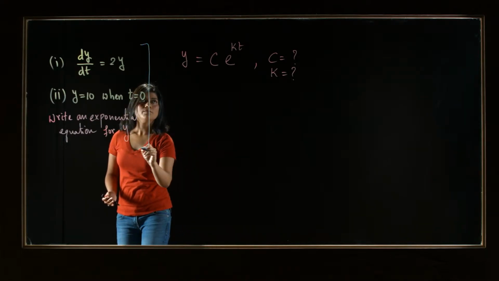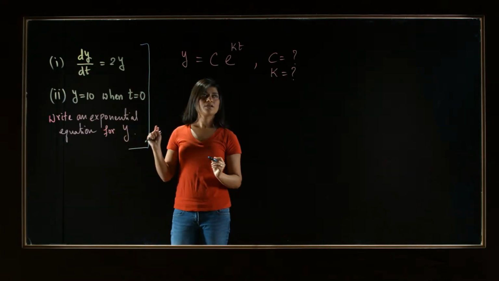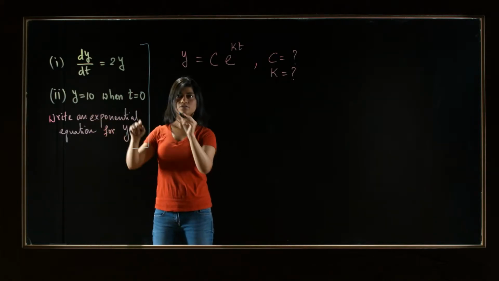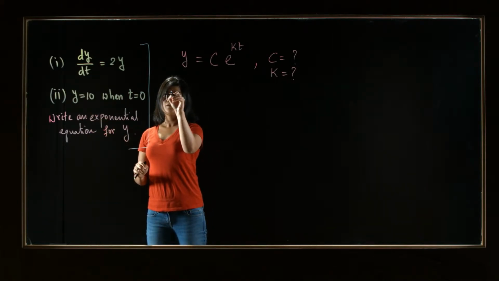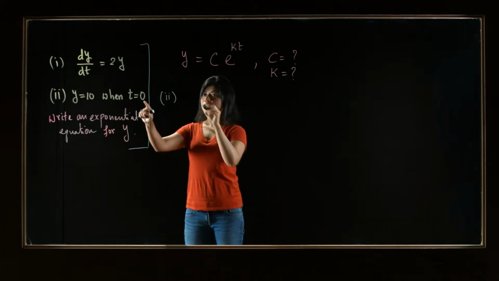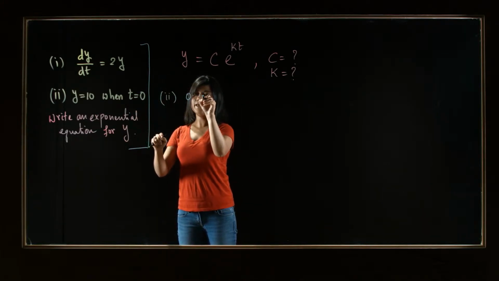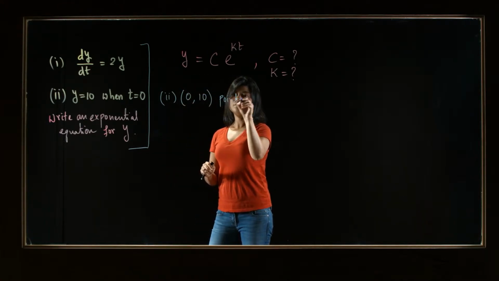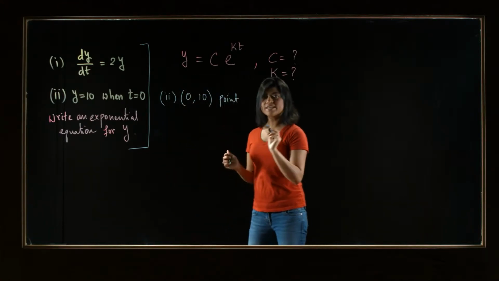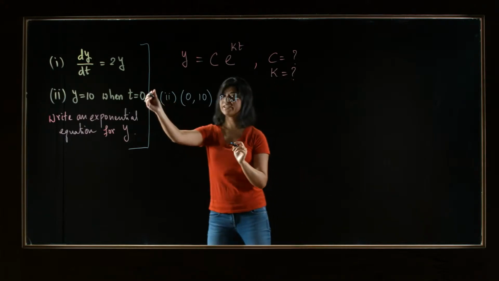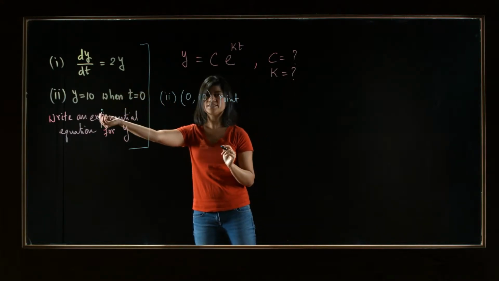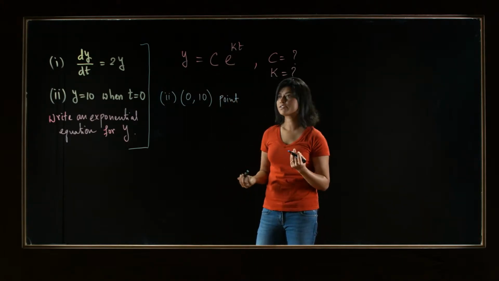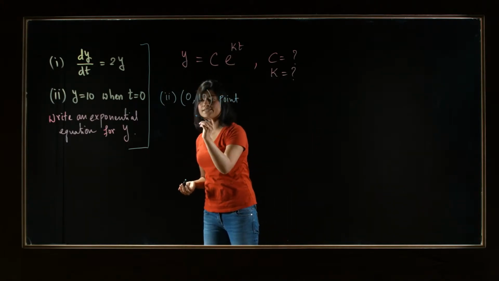And solve this problem. I want to start with the second fact here. So let's start with the fact that (0, 10) is a point on the curve. What does that mean? It's already given that when t is 0, y is 10. So you plug that into the equation and see if we can figure out one of the constants. So y is 10.